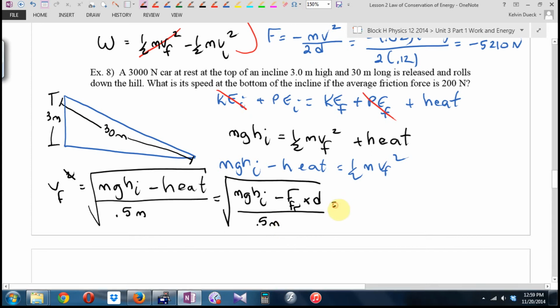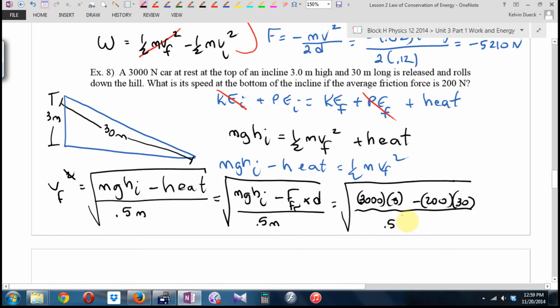So here we go. Going to be big square root of mg, which is just 3,000, because that's what the weight means, times the height, 3, minus friction, 200, times the distance that friction acts, 30, all over 0.5 times, hey, what is the mass? How can I go from 3,000 newtons to turn that into a mass?